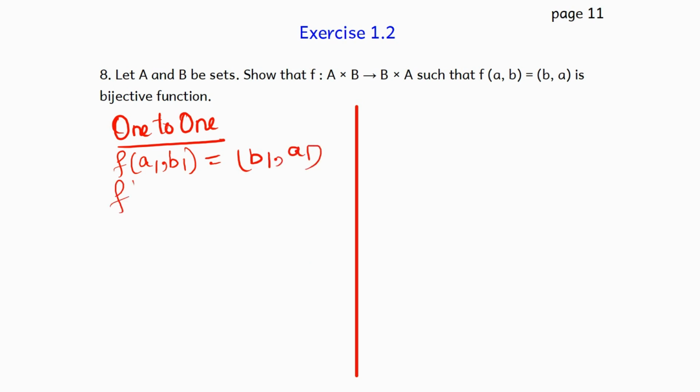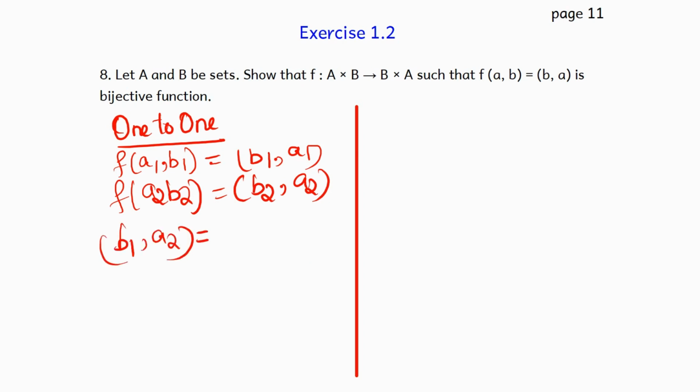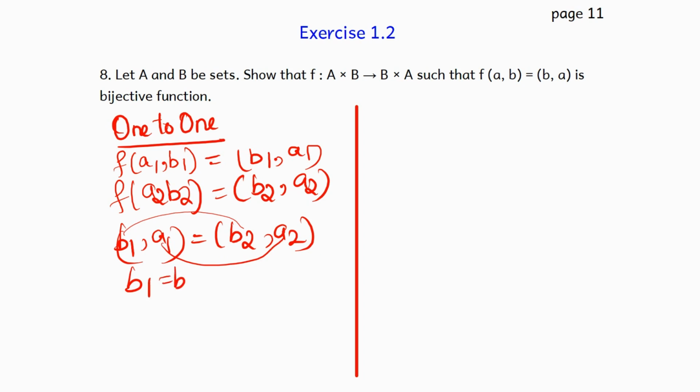So we will get b1 equal to b2 and a1 equal to a2.